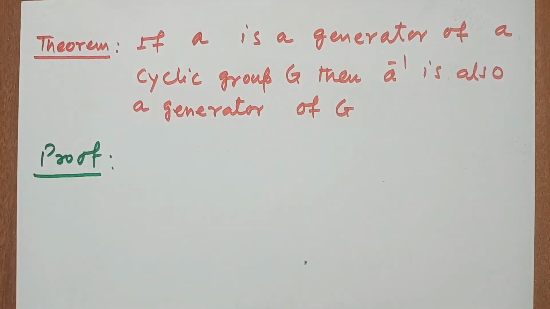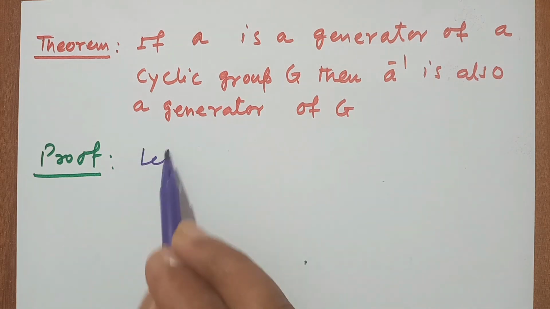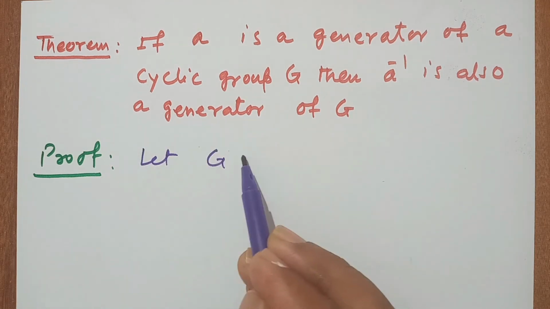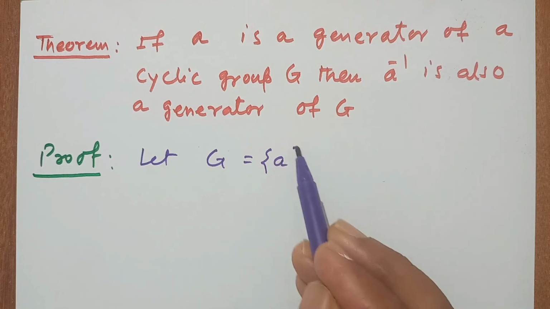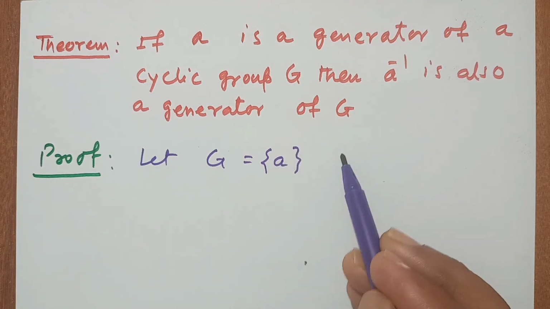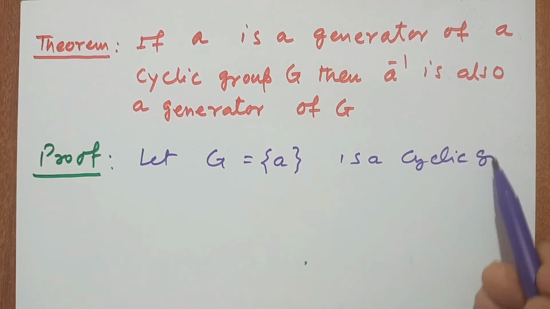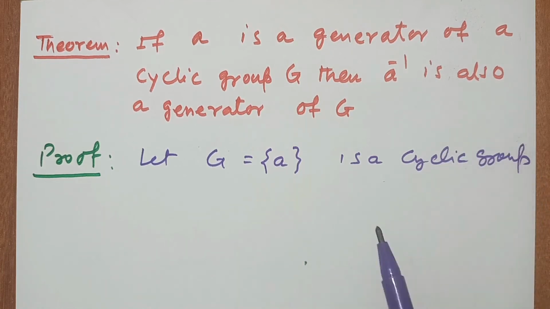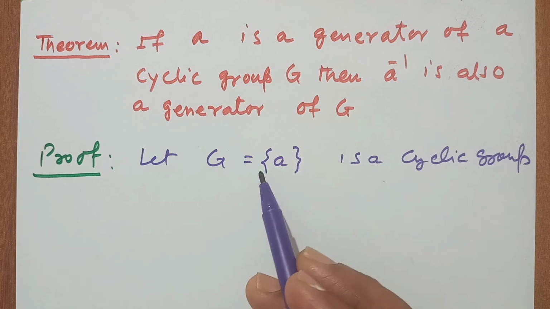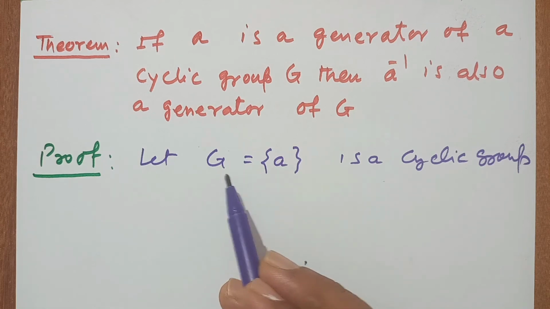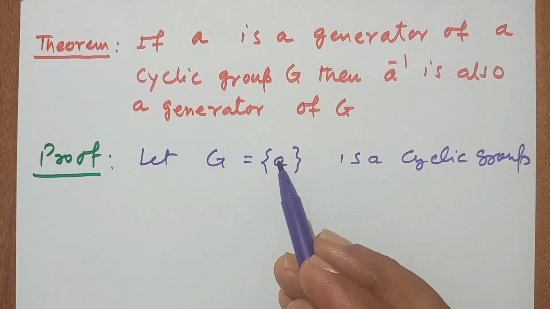So a very easy proof. Let G equal ⟨a⟩, which means a is a generator. So G is a cyclic group. It means each element of G can be written as an integer power of a.